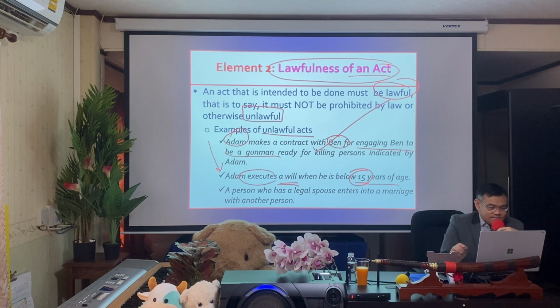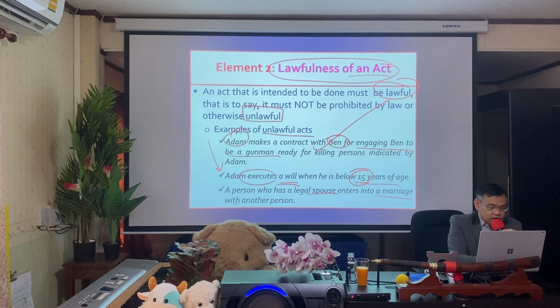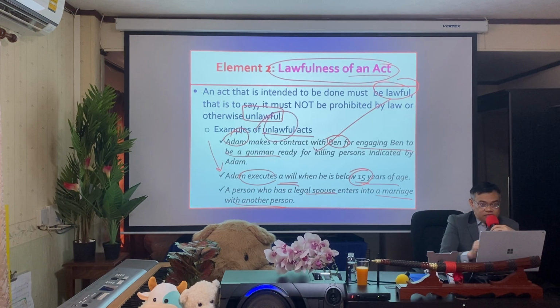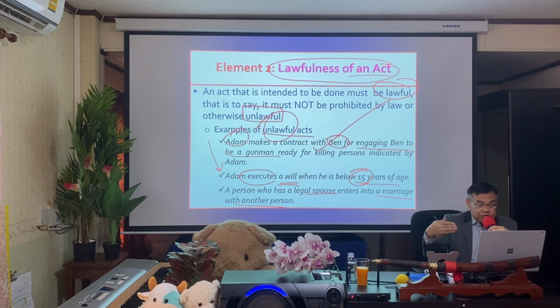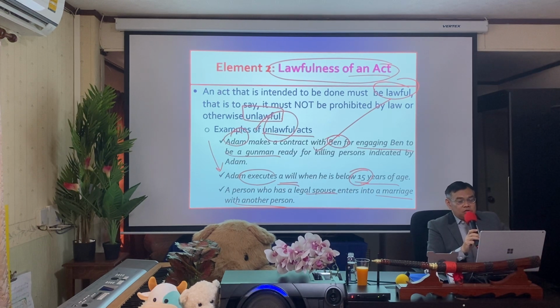Let's suppose that one person already has a spouse, a legal wife. After that, he enters into a marriage with another lady. In that case, that is unlawful, because Thai law, as with the laws of many countries, does not allow remarriage when you are still married and not yet a divorced person.